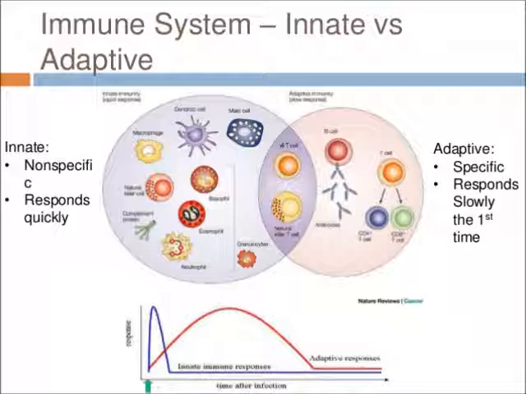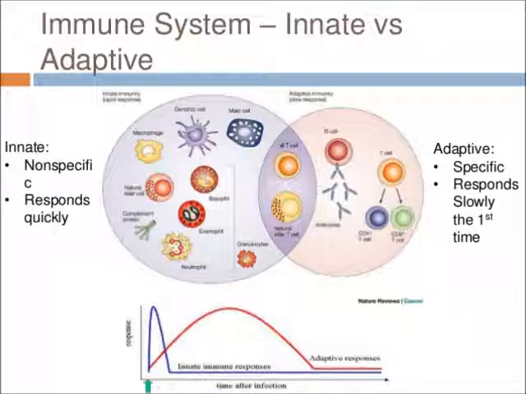When we talk about the immune system, what we're really discussing are two concurrent systems that are different but not separate. They operate concurrently, simultaneously, and these two systems are the innate immune system and the adaptive immune system.